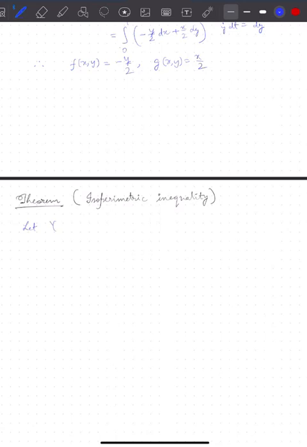So let gamma vector be a simple closed curve, and let L of gamma vector be its length.